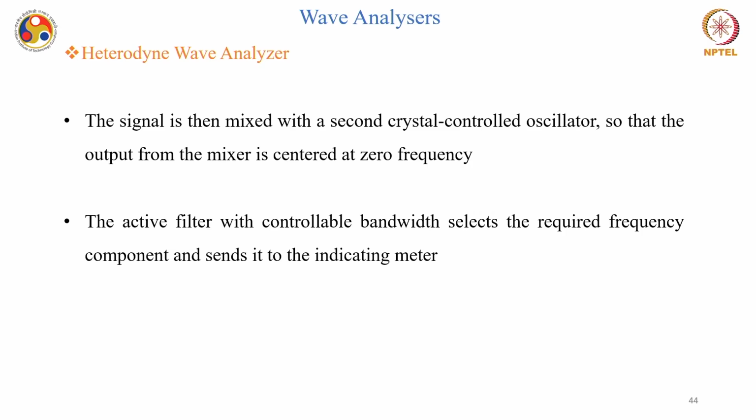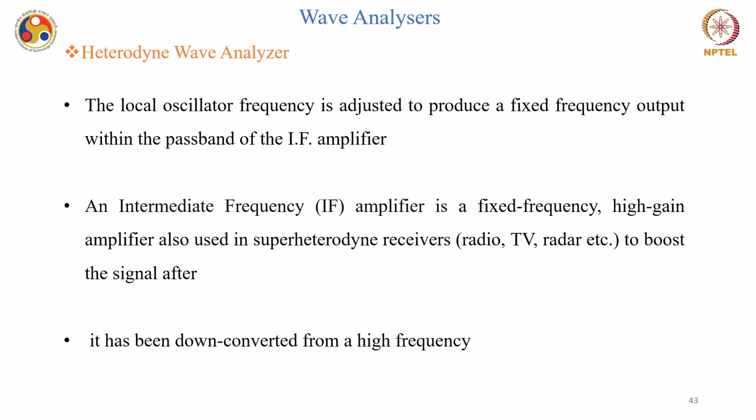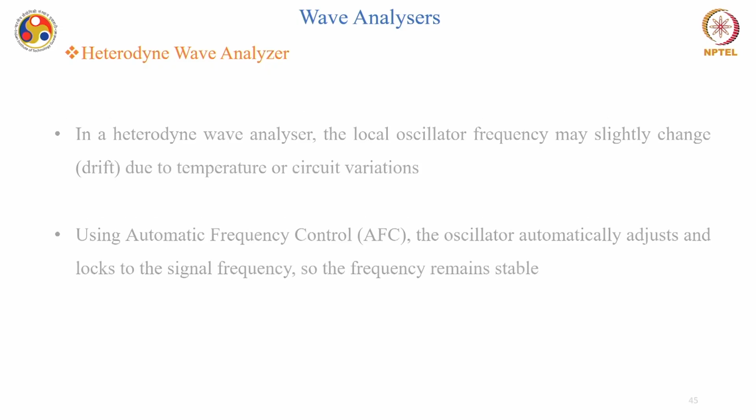Now, the signal is then mixed with a second crystal controlled oscillator so that the output from the mixer is centered at 0 frequency. Because you have seen that my output was f2 minus f1, it is adjusted in such a way that the output is exactly at 0 frequency. The active filter with controllable bandwidth selects the required frequency component and sends it to the indicating meter.